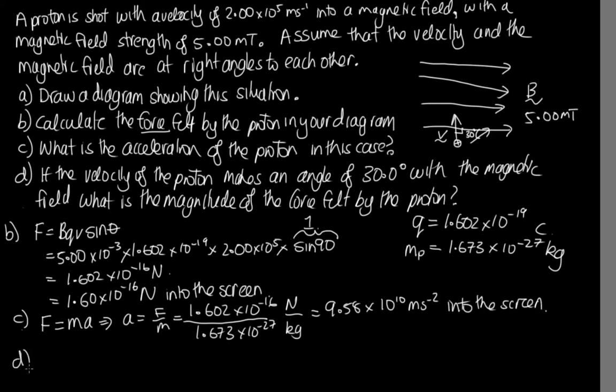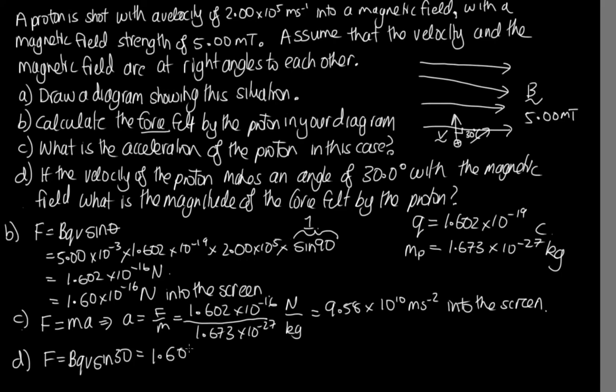And then with part D, we're asked if this now makes an angle of 30 degrees, what's going to be the force? And so what we can do is just do F is equal to BQV sine 30. Now this BQV hasn't changed from before. So B times Q times V is still 1.602 times 10 to the minus 16.